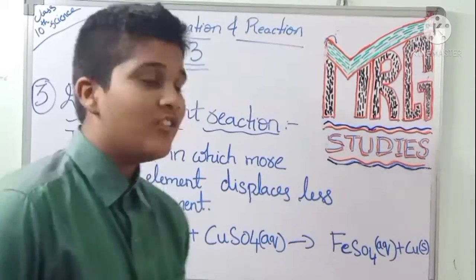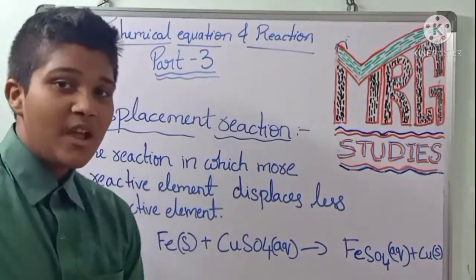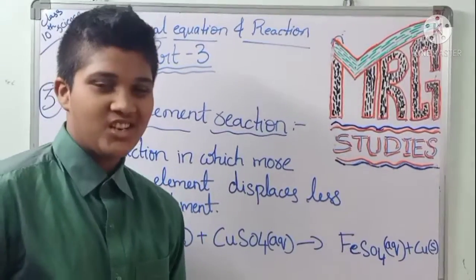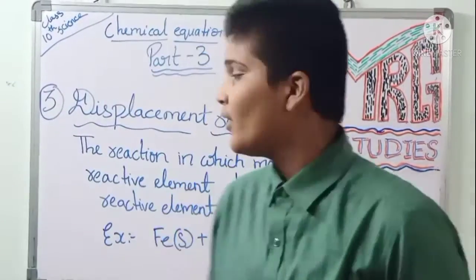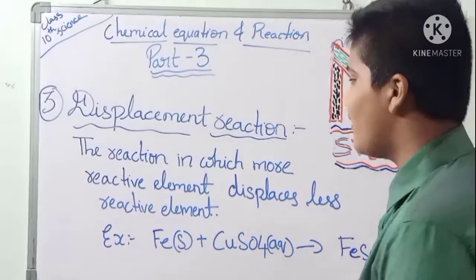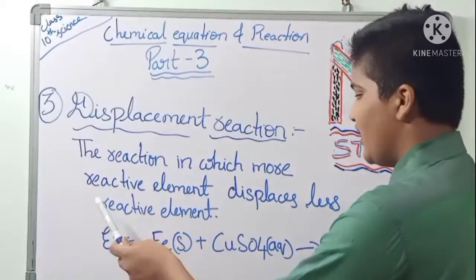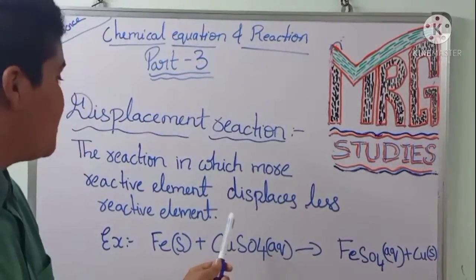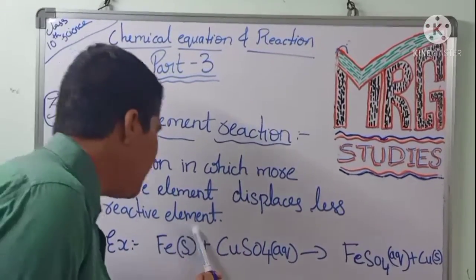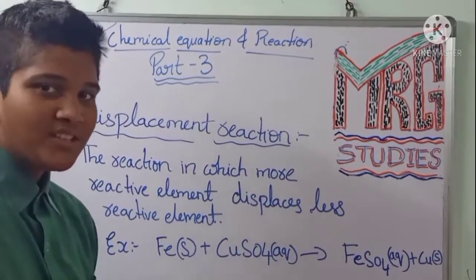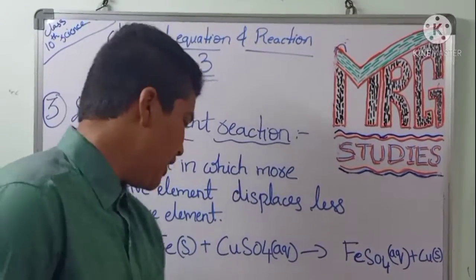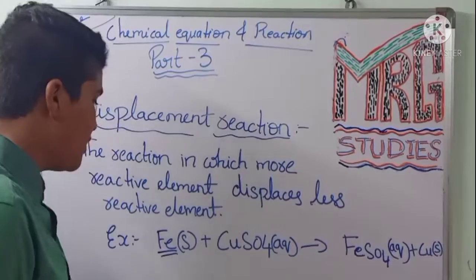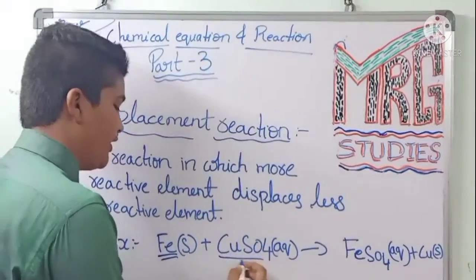Okay friends, now I will tell you the third type of chemical reaction, the displacement reaction. Let's see the definition. The definition is: a reaction in which a more reactive element displaces a less reactive element. For example, here we have Fe, which is iron, and copper sulfate.